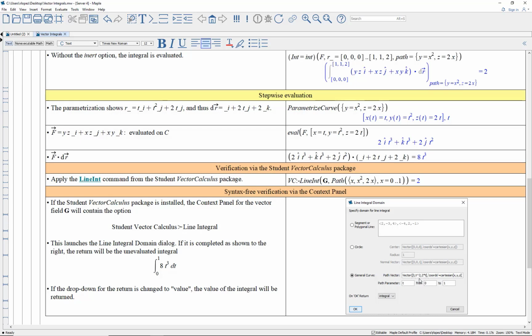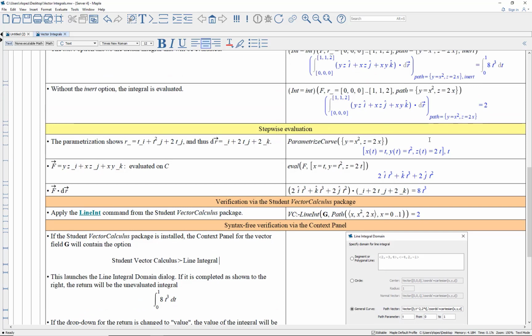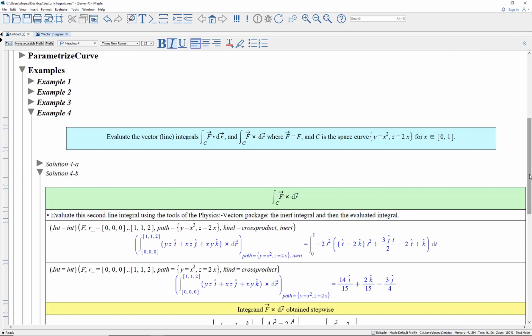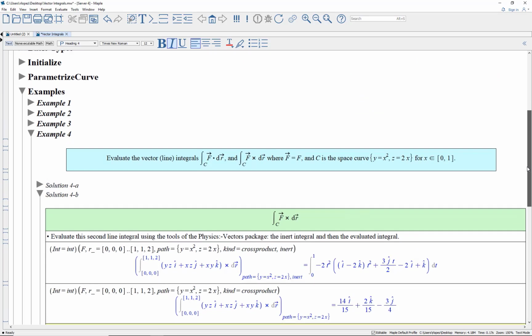It's really a parametric form, but 3 components are put into a vector. 0 to 1 is the domain. You choose integral rather than value, and you see you have this integral with t cubed, which matches the t cubed you see here.